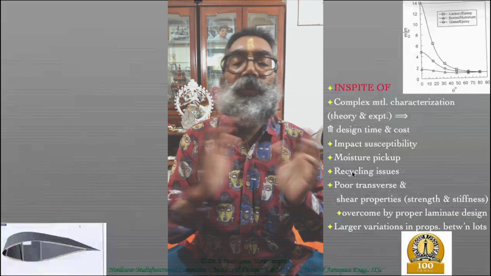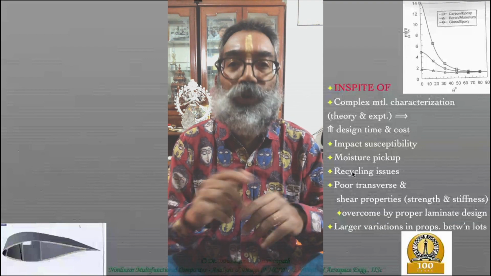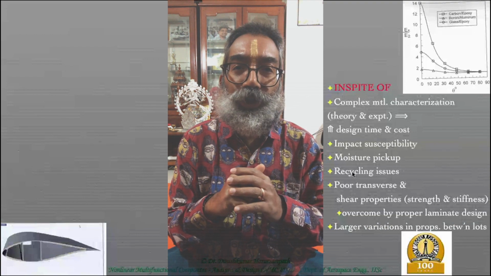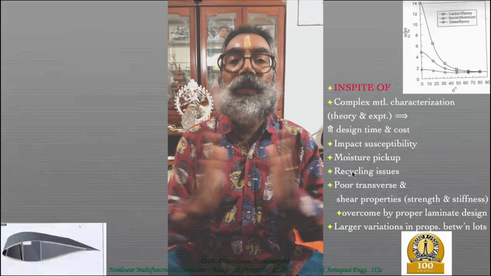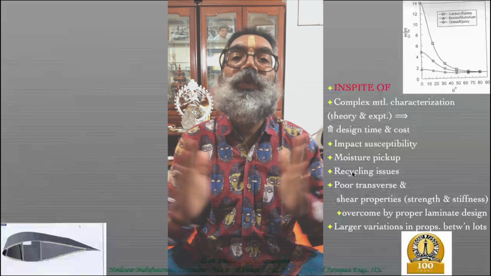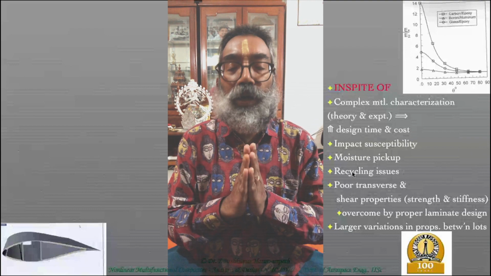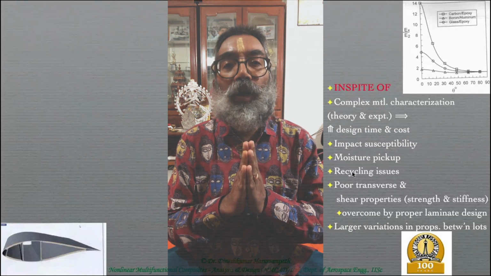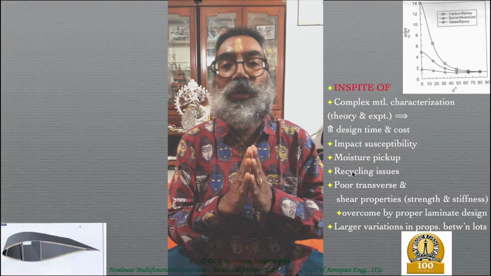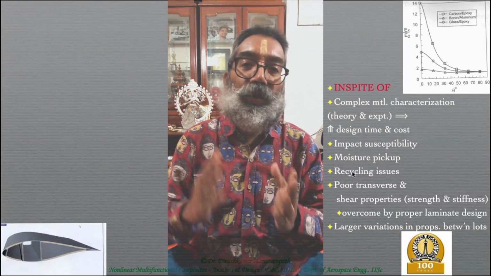But the variations would not be too much. If you plot a probability density distribution function, the scatter or the standard deviation would be fairly small compared to the mean value of that particular property, be it Young's modulus, ultimate tensile strength or yield strength.